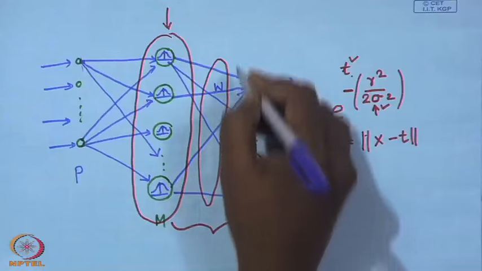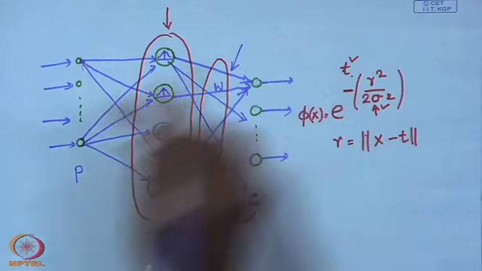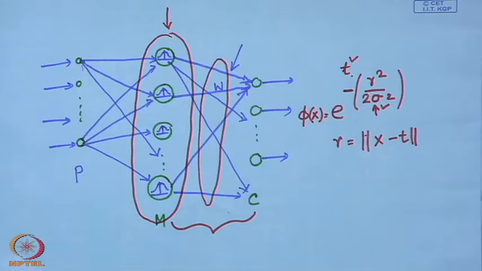But I do not know how many such radial basis functions I have to use, so that my original problem becomes linearly separable. So, though I have increased the possibility of linear separability, I have not been able to guarantee that they are linearly separable. So, the best way to find out these connection weights at the output layer is by means of the least mean square error technique.